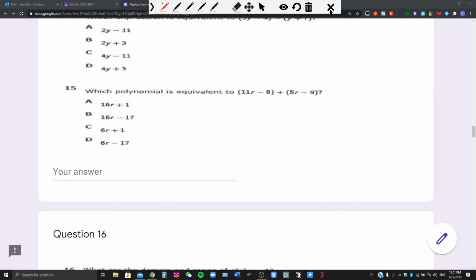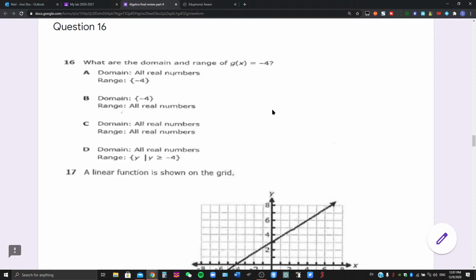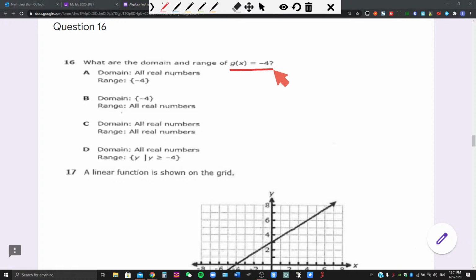Let's do question 16. What are the domain and range of g of x equals -4? So how do you interpret this? This is a function, and we can imagine this is a function machine.